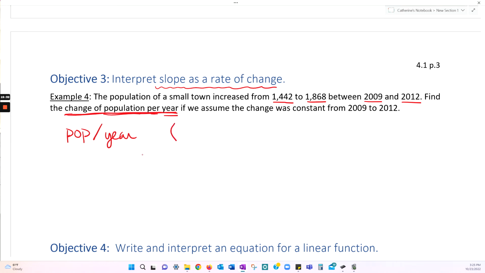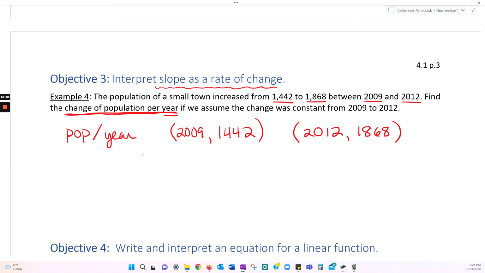So when we write down our points, 2009 is associated with the population 1,442, rather than the reverse order, so that when we do our slope, we won't get the reciprocal of the slope. If you mix them up, you'll get the reciprocal of the correct answer. Okay, anyway, 2012 then has population 1,868.